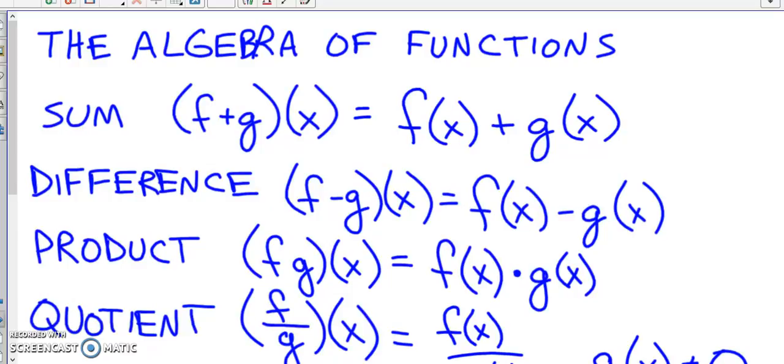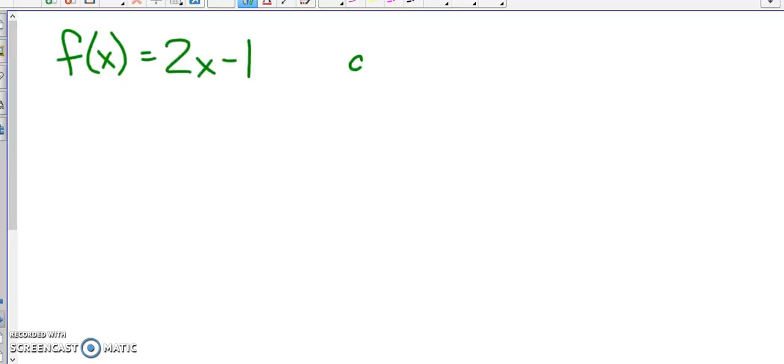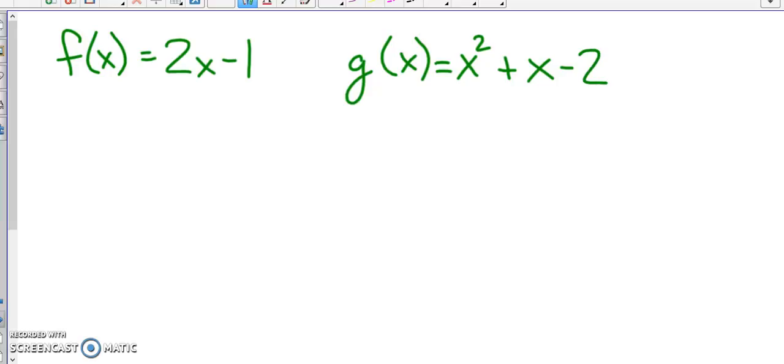All right, let's do some examples to make sure we've got it. So let's say that f of x is equal to 2x minus 1, and g of x is equal to x squared plus x minus 2. First of all, what's the domain of f?